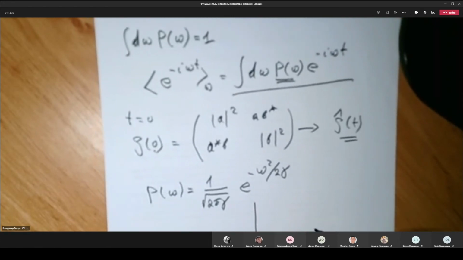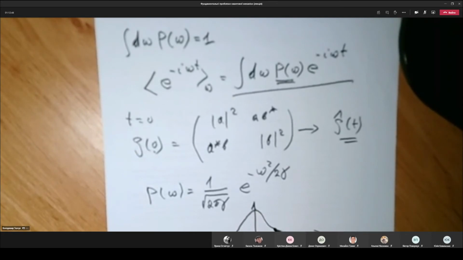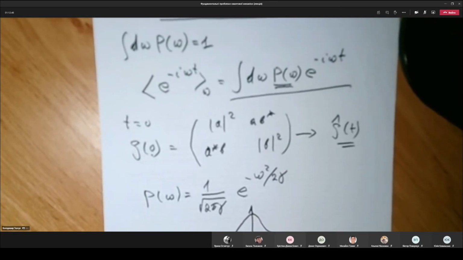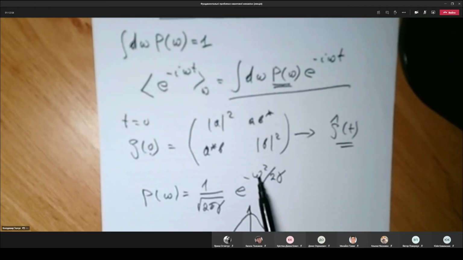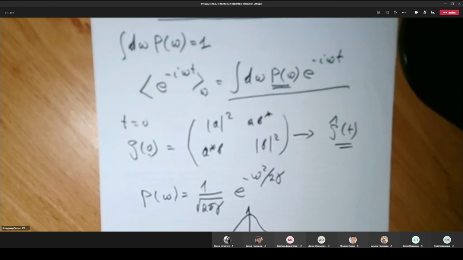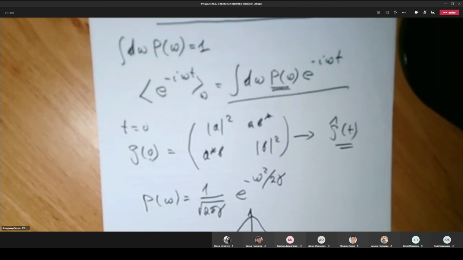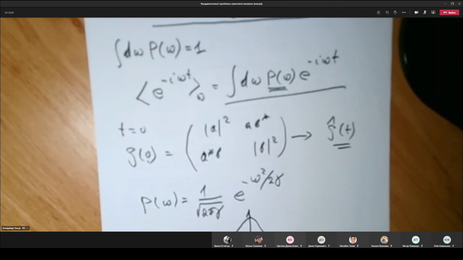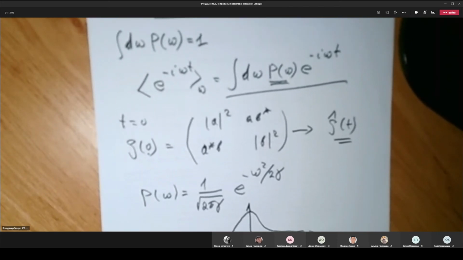Its maximal value is at omega equal to 0, and this function tends to 0 when the magnetic field omega tends to plus or minus infinity. It is a Gaussian distribution function.